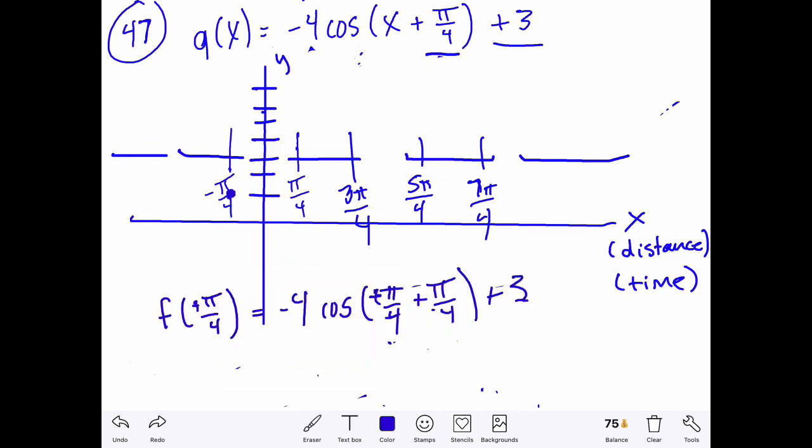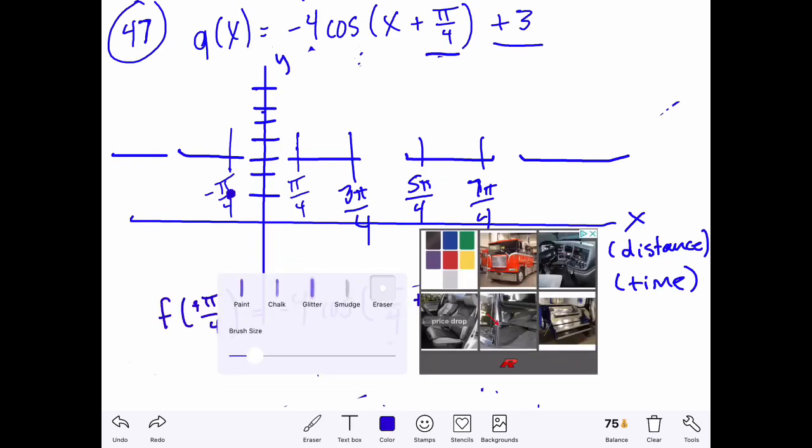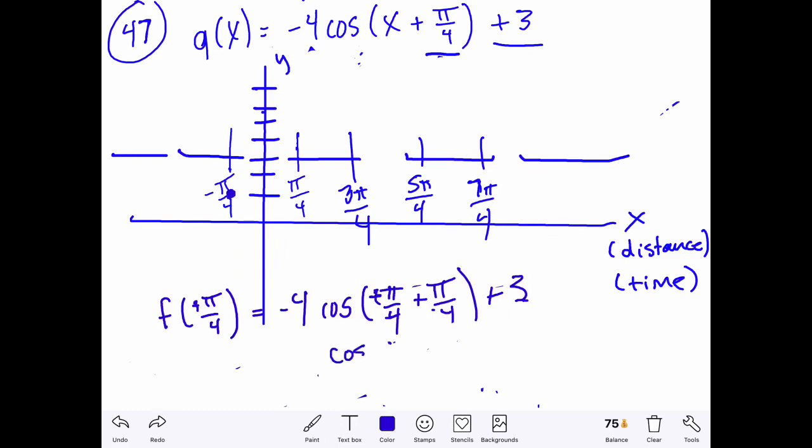So the cosine of pi fourths plus pi fourths is 2 pi fourths, which reduces to pi halves. All right, the cosine of pi halves. Well, I'm up at 90, so I know my x value there is 0 on the unit circle. Multiplied by negative 4 is 0, plus 3 is 3.